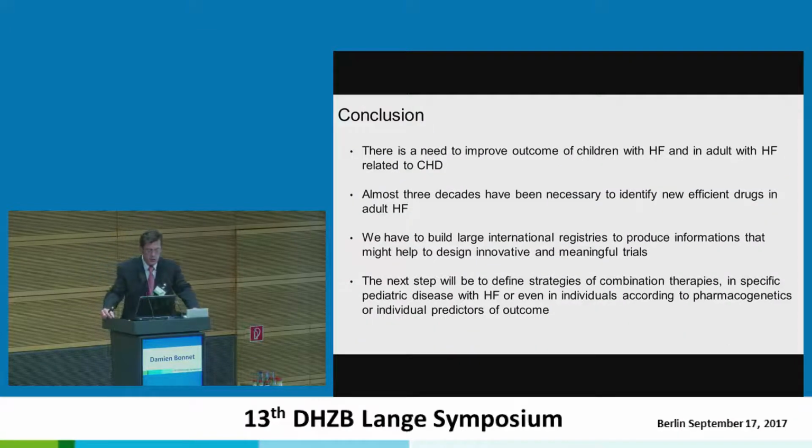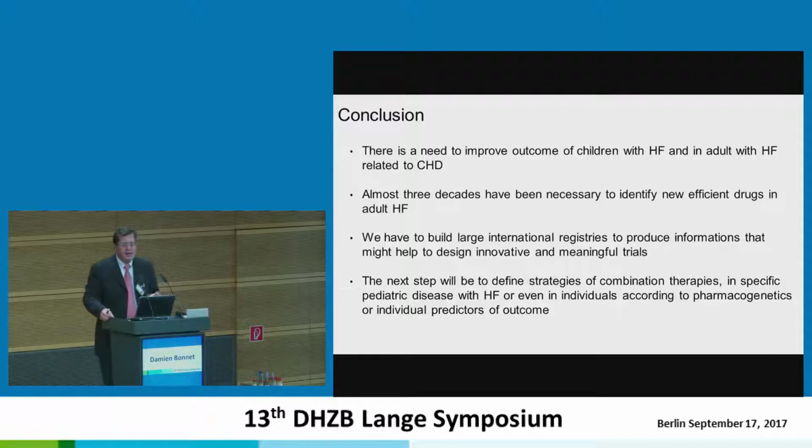So as a conclusion, I think, of course, that we need to improve outcomes of children and adults with heart failure related to CHD. We have to remember that it took 2 decades to find another efficient drug in chronic heart failure in adults. So it was ivabradine, and then now we have LCZ, but before there was no other drug.